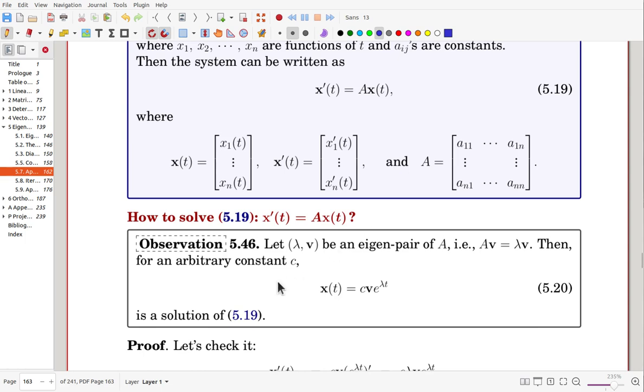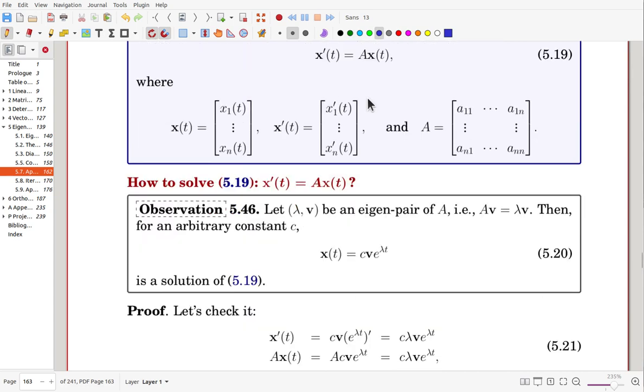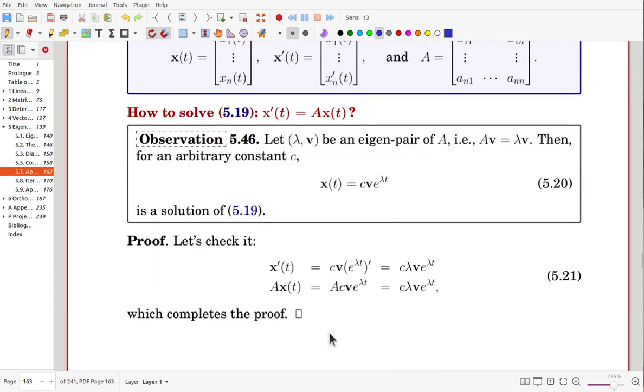Here we have an observation. If lambda, v is an eigenpair of the matrix A, that means Av is lambda v. Then, along with an arbitrary constant, c v e to the lambda t is a solution of the dynamical system. We can check it quite easily.